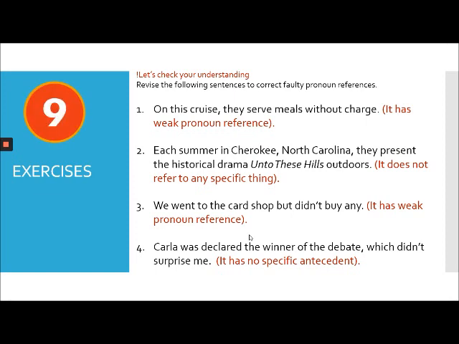Number three, we went to the card shop but didn't buy any. And for number four, Carla was declared the winner of the debate, which didn't surprise me.